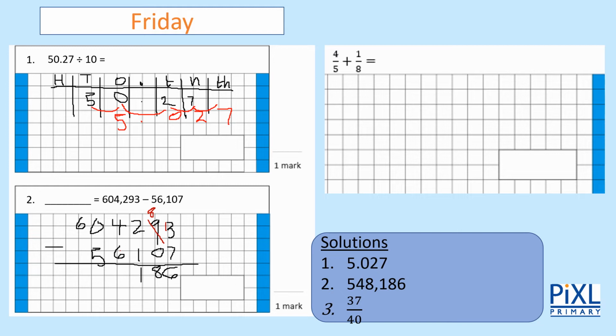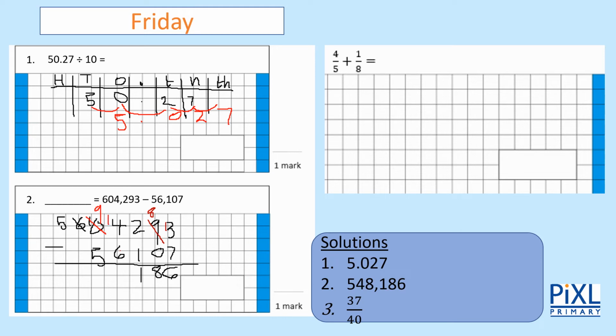Okay, I've come to another dilemma. 4 take away 6, I can't do that, so I'm going to have to exchange and regroup again. But I can't exchange and regroup from a 0. I'm going to have to come over to my 6. So my 6 becomes a 5, and my 0 becomes a 10, because before the 0 had no value. It does have a value now, it's a value of 10, so I can cross my 10 out, that becomes a 9.